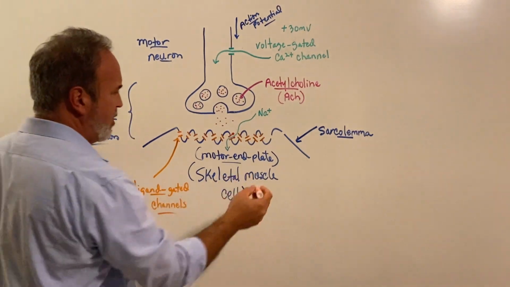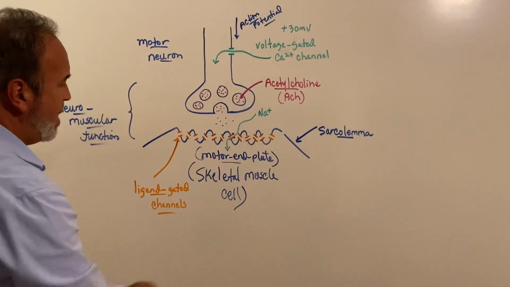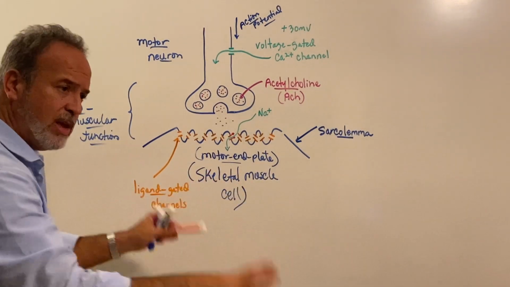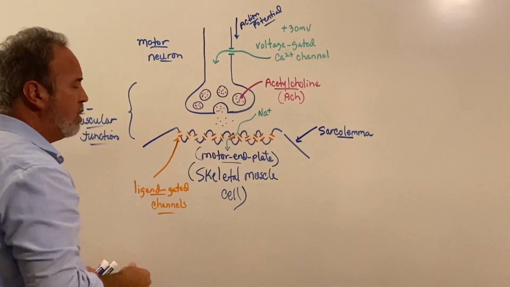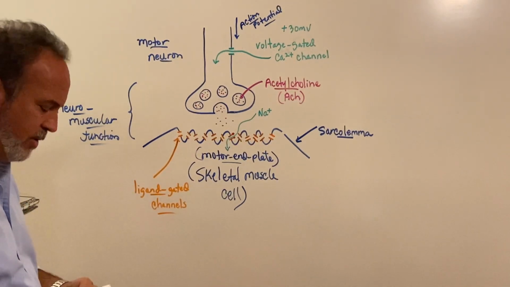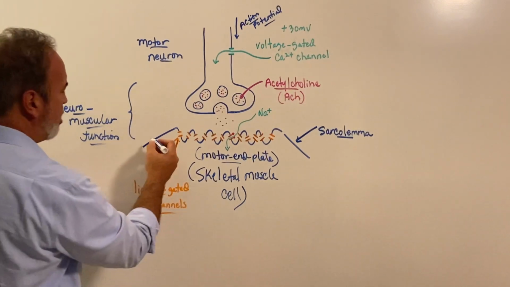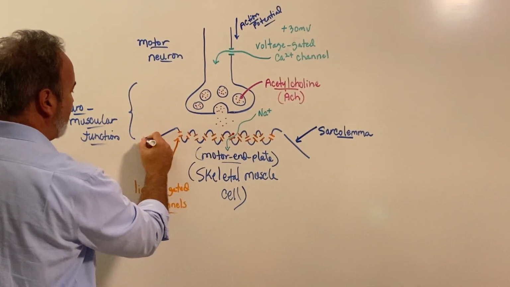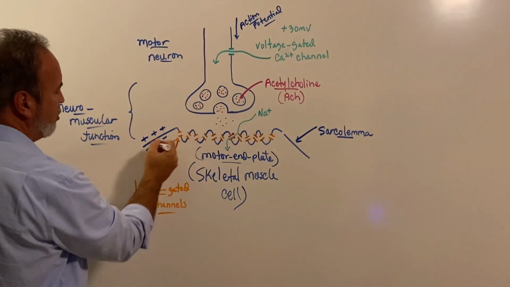So let's draw another channel here. Okay, another channel. Now, when the skeletal muscle cell is resting, when it's not being stimulated by a motor neuron, then the membrane is going to be polarized, okay? What does that mean? That means that the outside is going to be positively charged, and the inside is going to be negatively charged.